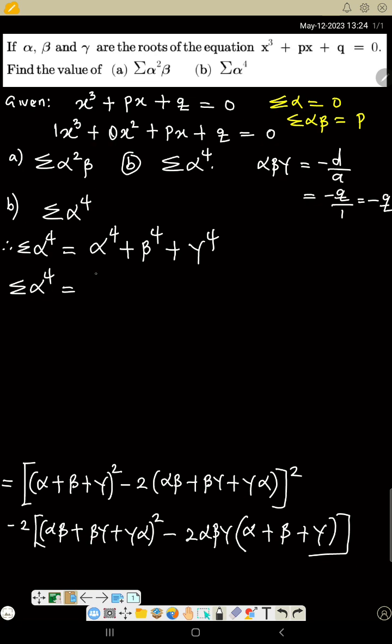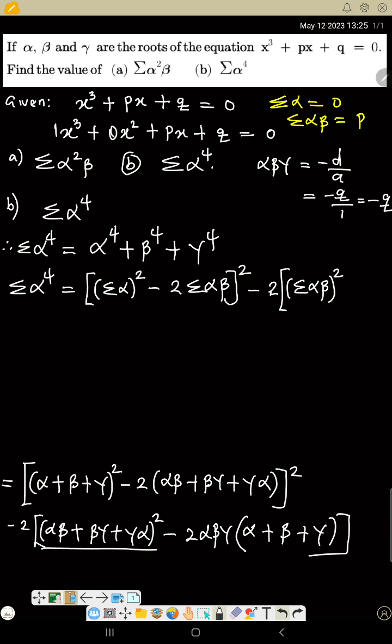So this is like saying summation alpha square as in this one, minus 2 this summation alpha beta everything square, minus 2 compound brackets summation alpha beta square.